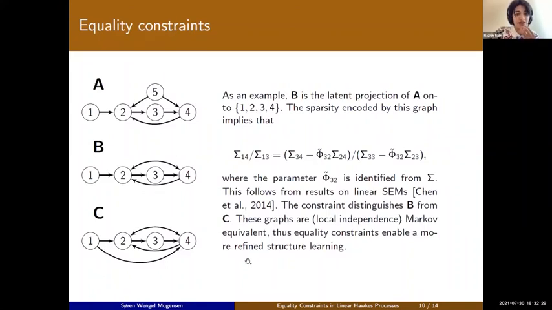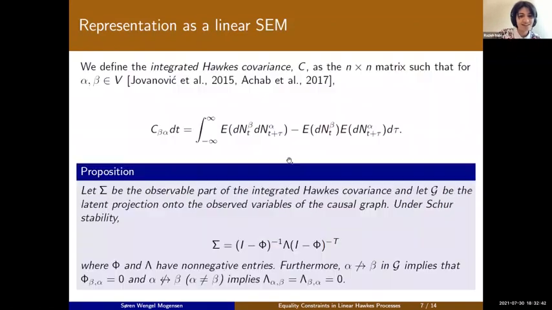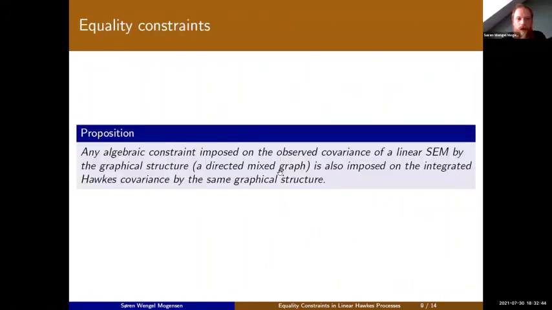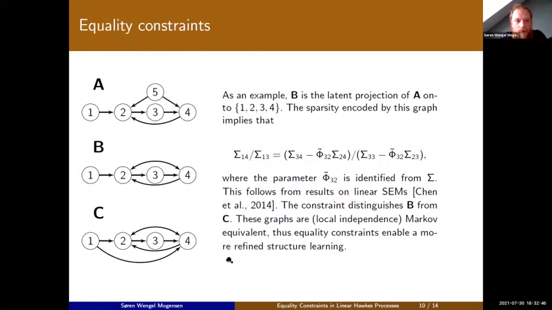There's a question in the Q&A from Alex Marks, and they're asking, can you please explain again why the two graphs B and C on slide 10, I think, are Markov equivalent in this context? Aren't the causal skeletons different? Yeah, thank you. So that's a good question. For this class of graphs, you don't need to have the same skeleton to have Markov equivalence.